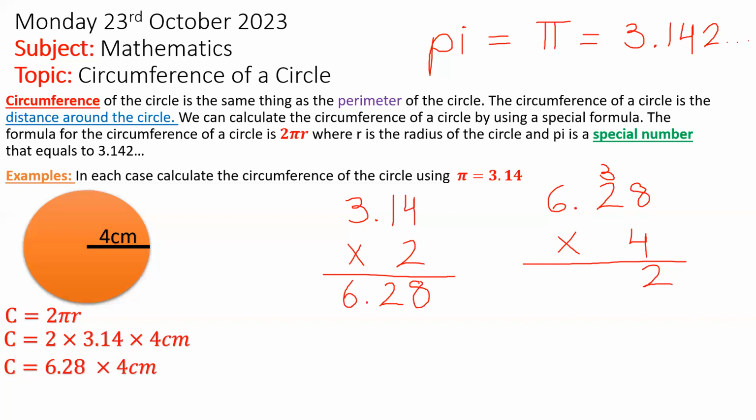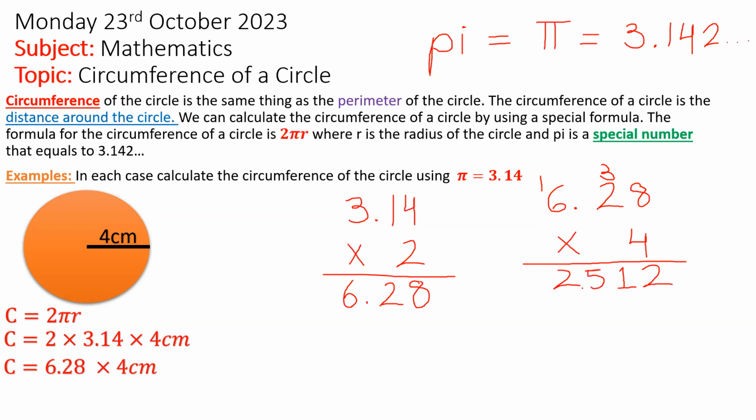And then 8 plus 3 is 11. No, I mean in total. What is 4 times 6? 24. Plus 1 is what? 25. Very good.